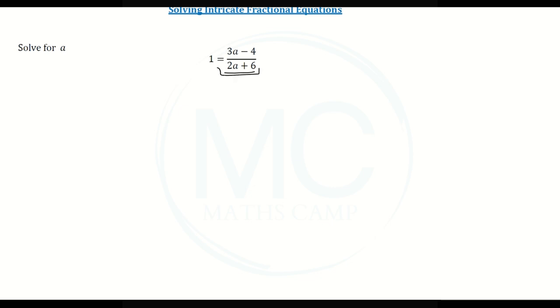So in this case, we're going to multiply both terms by 2a plus 6. Now on the left side, we've got 2a plus 6 multiplied by 1, which is simply 2a plus 6. On the right side, these will now cancel, and we're left with 3a minus 4.